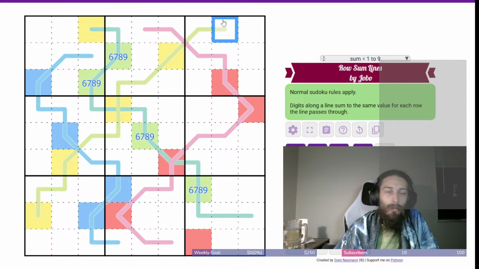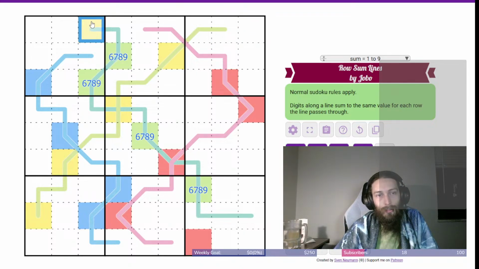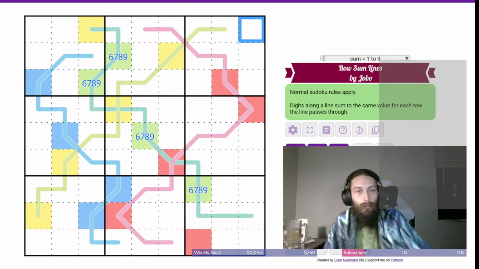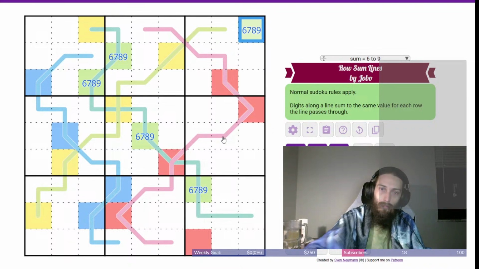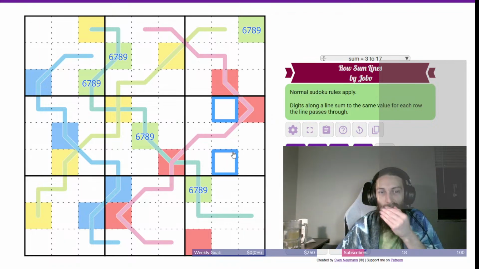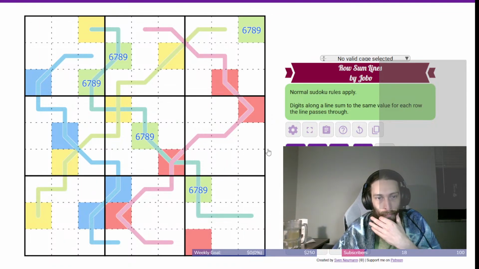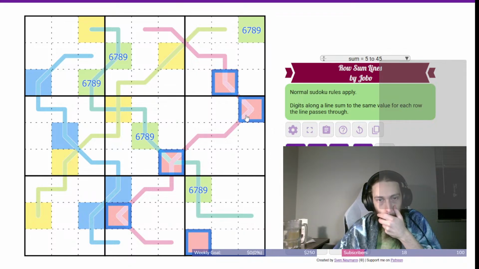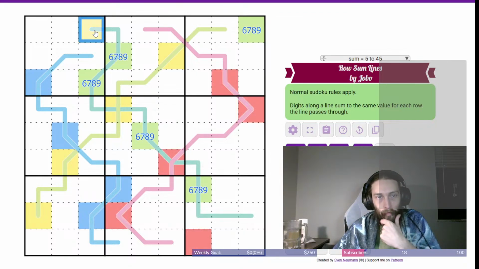But we know that green is larger than yellow because yellow's on the green line paired with something else. Right. So I can't put green on this line. So this would have to be the green digit. We also know that red is smaller than green, for the same reason that yellow is smaller than green.